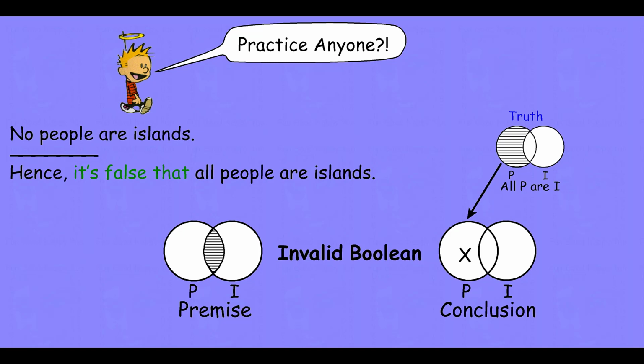So again, I would write that down explicitly, trying to execute this effective decision procedure as though it were a demonstration for someone else. Since this argument is invalid in Boolean, I now want to test to see if it's valid in Aristotelian logic. I don't have to worry about the conclusion diagram. I don't have to worry about the predicate class of the premise diagram. I only have to worry about the subject class of the premise diagram in my direct inferences.